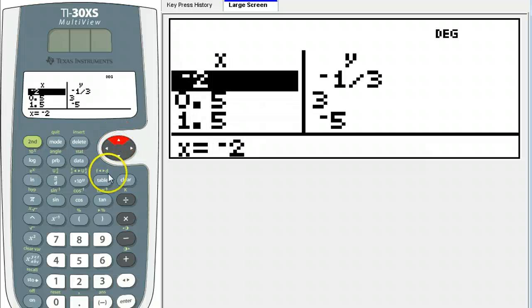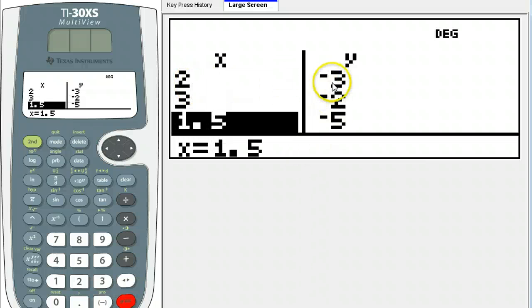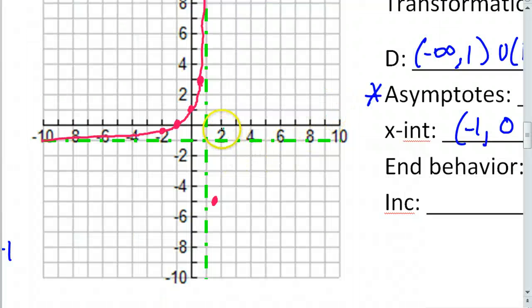At 2, I'm at -3 and -2. All right, so that'll be enough values for me to see what the deal is.